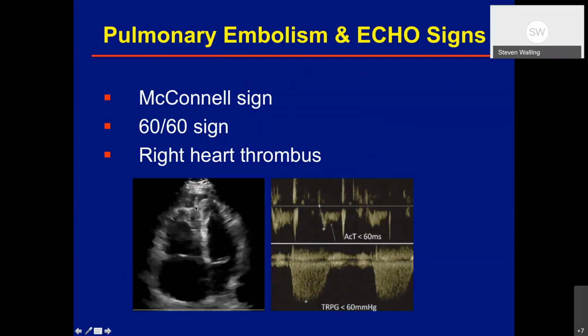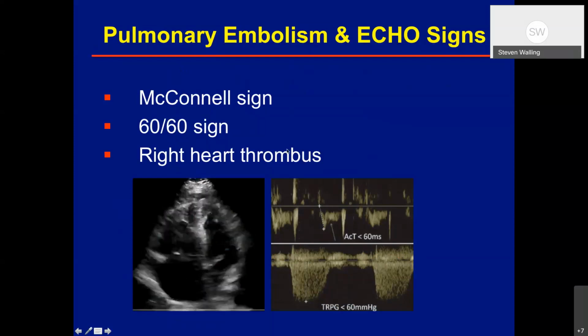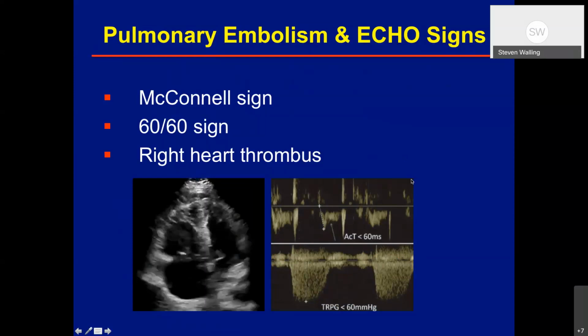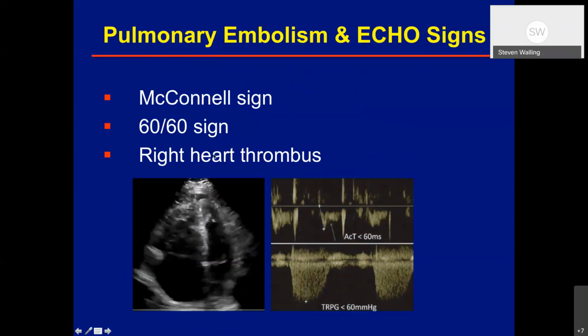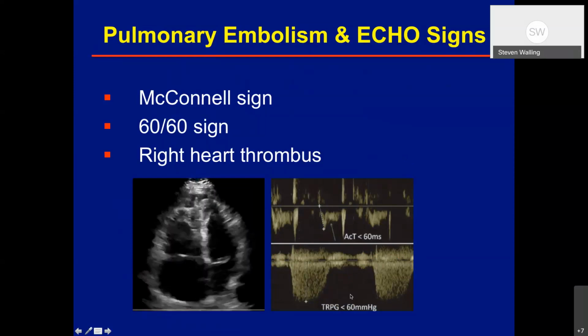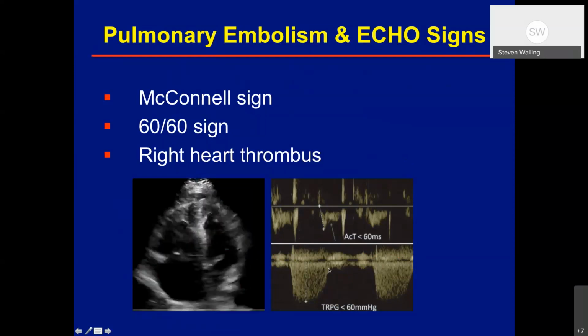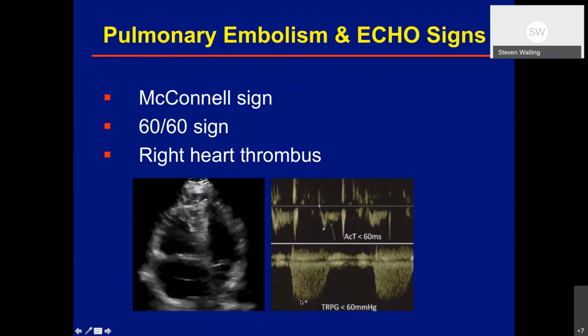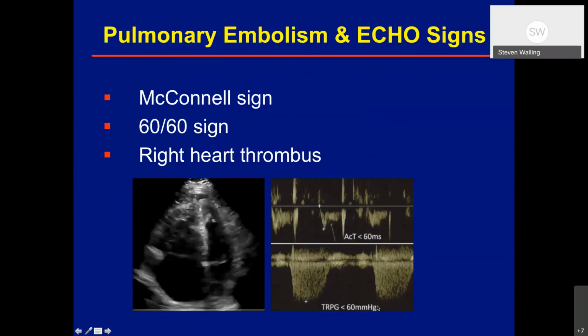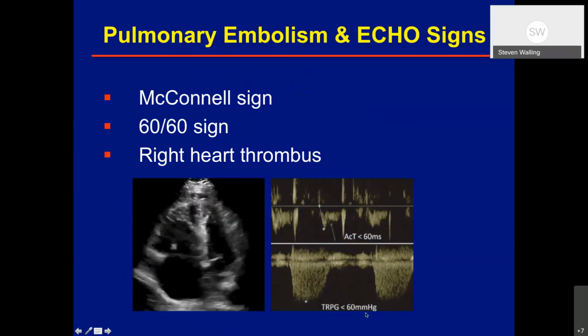And then there is a sign called the 60-60 sign. We don't use it very often, but studies show it is useful. These two 60s: one is the PA pressure, or the TR jet velocity, and based on Bernoulli, the 4V squared never goes beyond 60 millimeters of mercury.